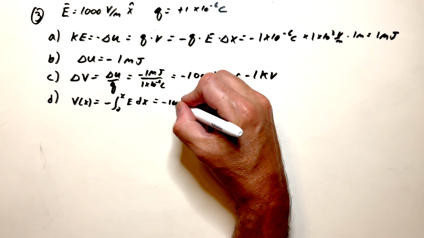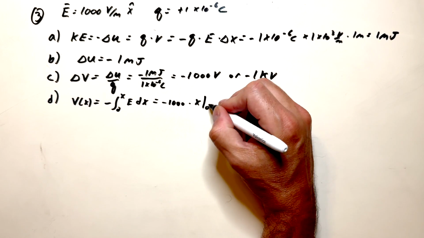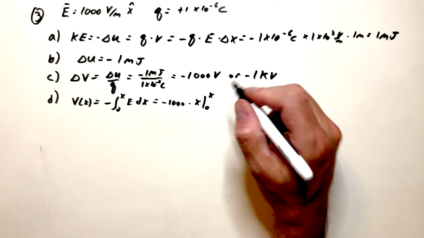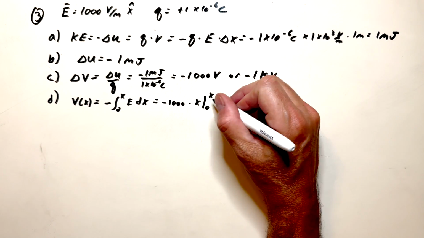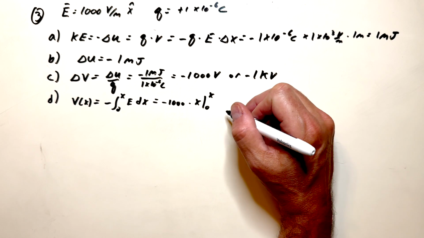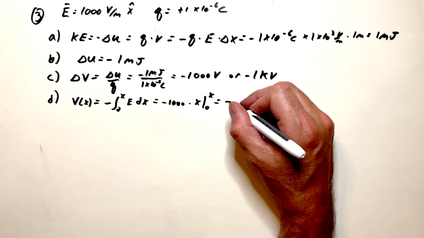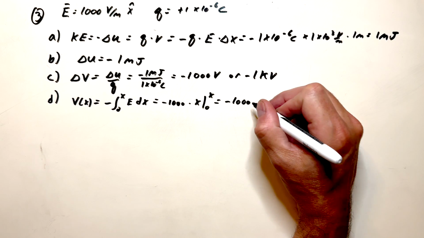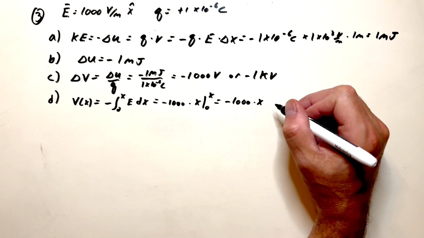That's going to be minus 1,000 times x, evaluated between 0 and x. Sorry for the duplication of x's. Some people like to prime them or put another tilde on or something like that, but I just like to leave it the same. That's equal to minus 1,000 times x, and that, of course, is in volts.